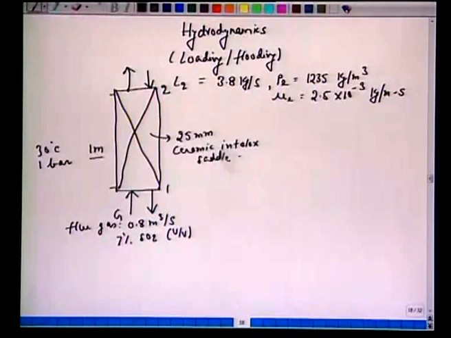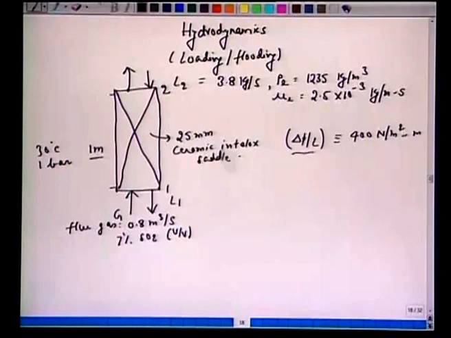So far we have not said how to determine this height of the column, that will be the next topic, but right now it says 1 meter height, and the liquid flow rate here is L1. The pressure drop per unit length must not exceed 400 Newton per meter square per meter. So, that is the pressure drop per unit length, and the question asked is what is the possible diameter of this column.